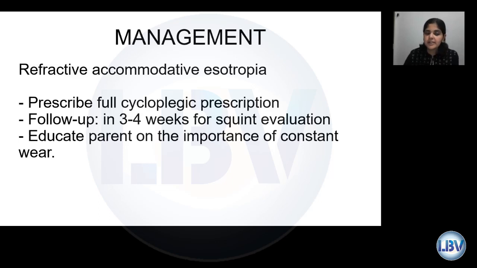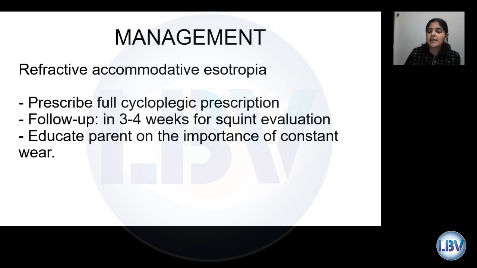And here what is important is you need to educate the parent about the importance of constant wear of glasses, because the squint of this child comes down from manifest to latent just by usage of glasses.